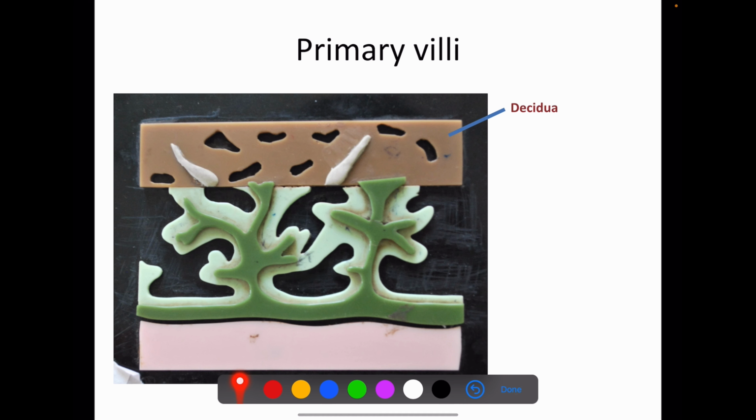First you should say this is the model showing primary villi. It shows the part of maternal surface, that is decidua. It shows maternal blood vessels. Now the cytotrophoblast and syncytiotrophoblast, you know the cavities which are present in these are lacunae. These are also called intervillous spaces.